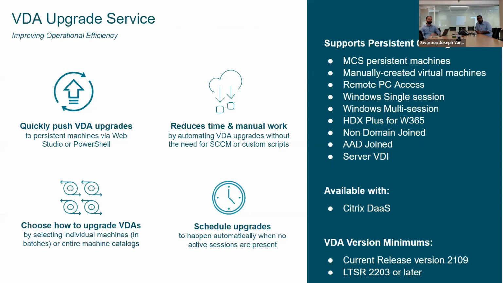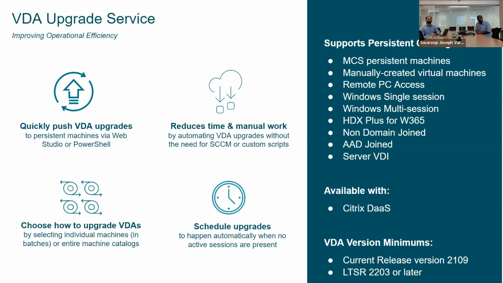And currently, we can support persistent catalogs deployed through MCS, PVS, remote PC access, Windows single session, Windows multi-session operating systems, and we can also support anything persistent along the lines of HDX Plus for Windows 365, non-domain join, Azure AD join, server VDI, anything along those categories as well, as long as those are persistent catalogs. This is available with Citrix DaaS today.